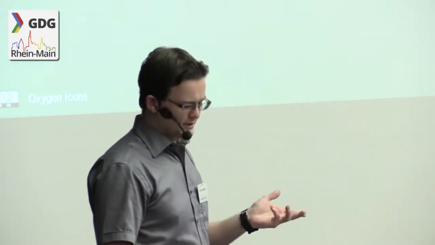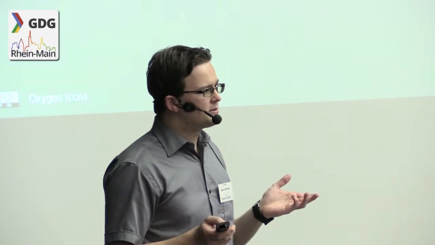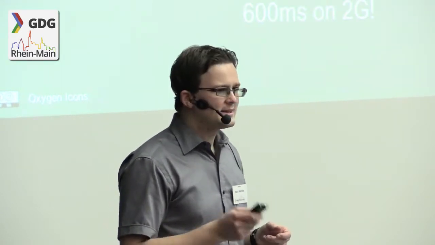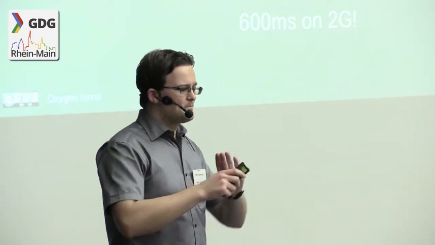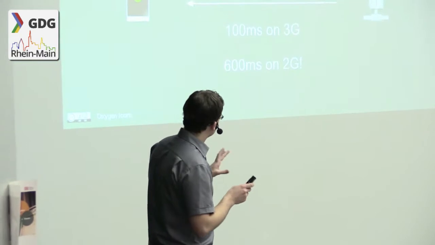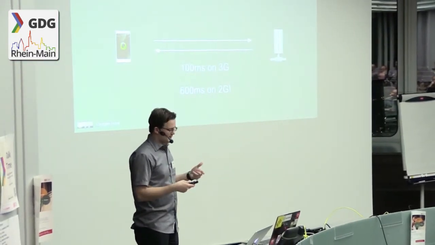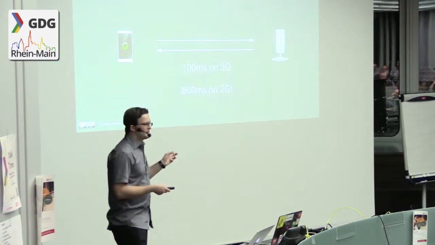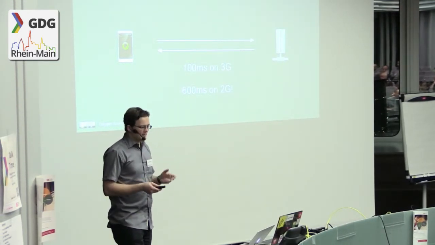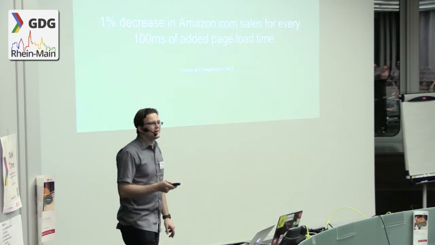And on mobile networks, this round-trip time is usually 100 milliseconds if you are on a good network, but if you are on a bad network, it's 600 milliseconds. And because of these old protocols designed for home networks, these 600 milliseconds are a lot of time. So how much time do we have?